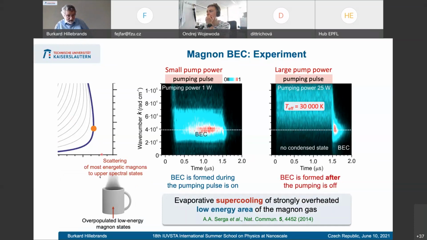I told you already that the idea with the coffee cup works. So actually there's a nice theory which we did, discussing the process which is called evaporative supercooling of the strongly overheated low energy area of the magnon gas. So that is this area which you see in the experiment here. And then a Bose-Einstein condensate is formed.